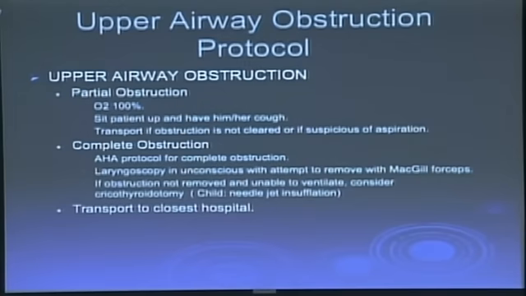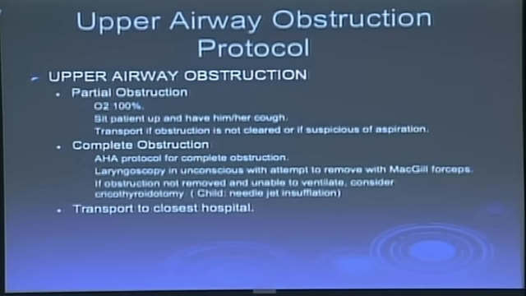In a complete obstruction, I'm not going to go through the American Heart Association protocols. It's all pretty straightforward. We will practice that in our airway sessions. In an unconscious person, you, of course, can use a laryngoscopy to attempt to remove the obstruction with the Magill forceps.